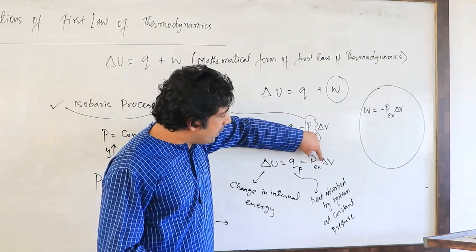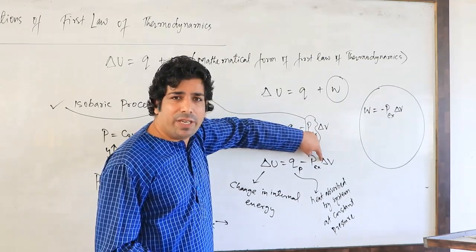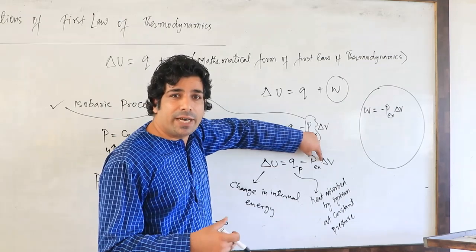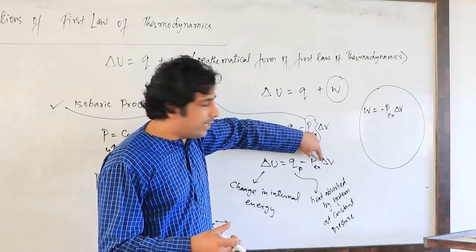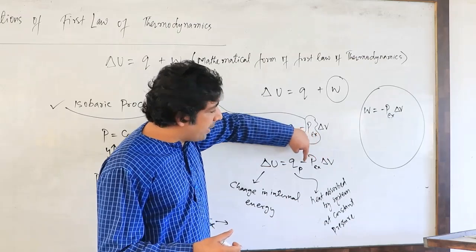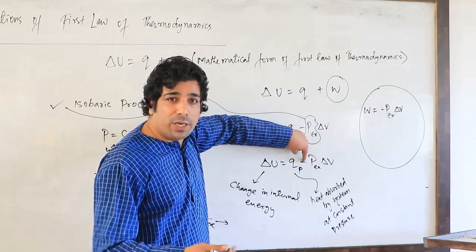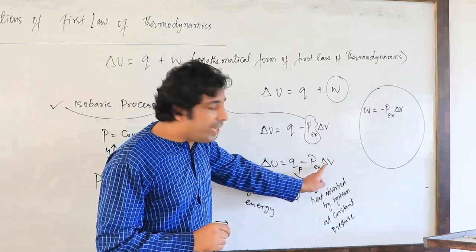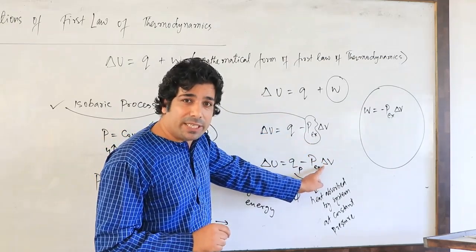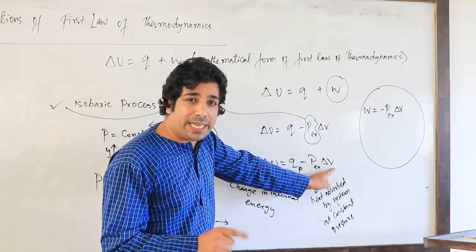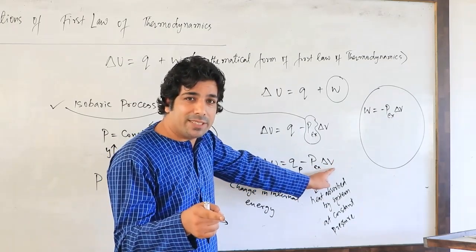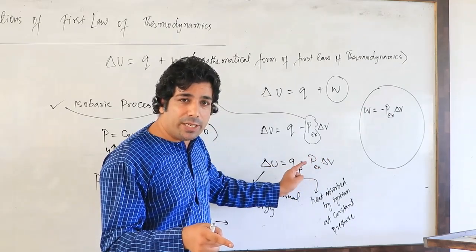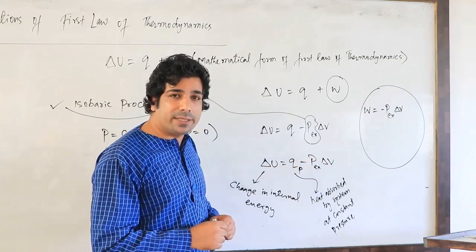And now if in place of delta V, I write down V_f minus V_i, and initial volume is greater than the final volume, then negative and negative will be what? Positive. So work is done on the system. Once again I am telling you, if V_f is greater, that means final volume is greater and initial volume is small, that means expansion is happening. So this will be a positive value, positive into negative will be what? Negative only. That means work is done by the system.